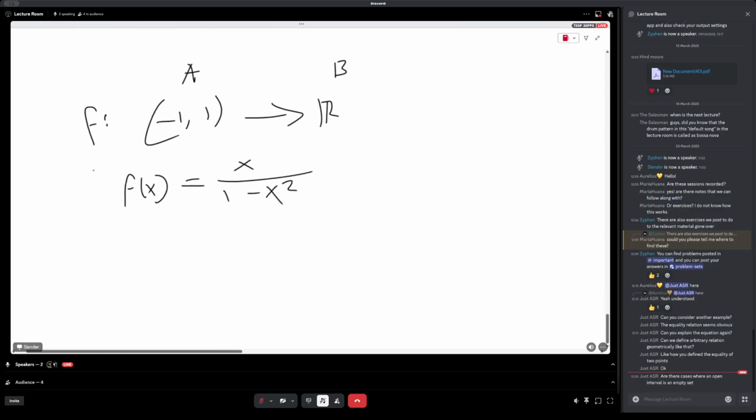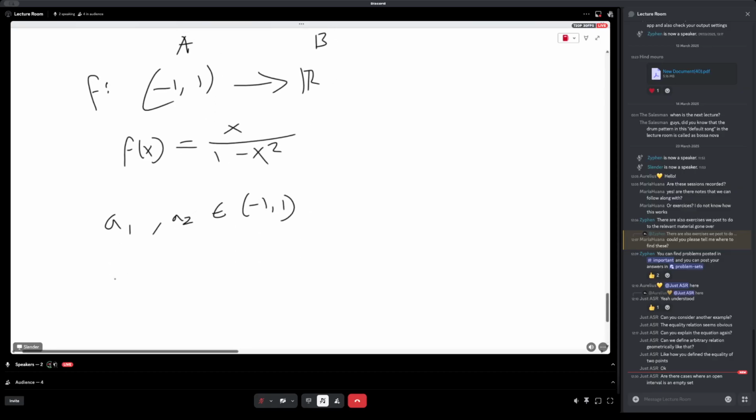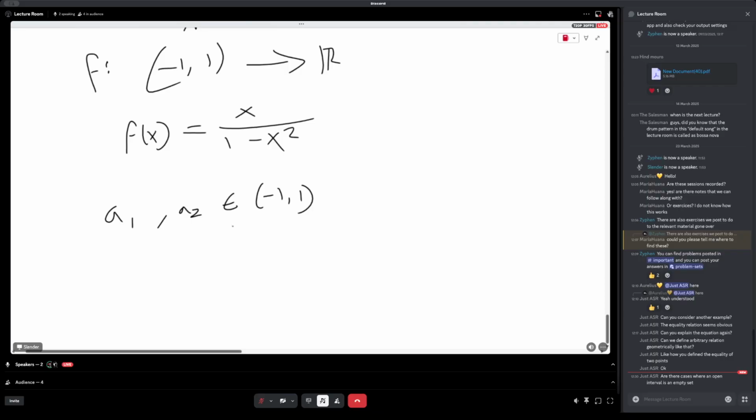Now let's, for example, pick a1 and a2 from this interval. This just means that a1 and a2 are between -1 and 1. We pick these two numbers such that one is less than the other.